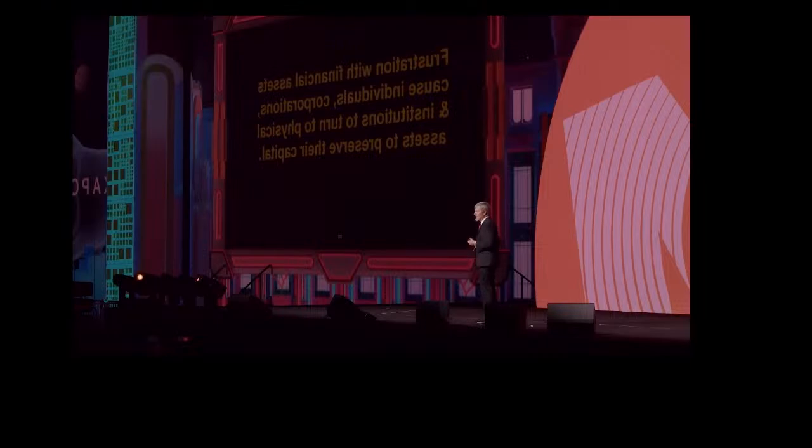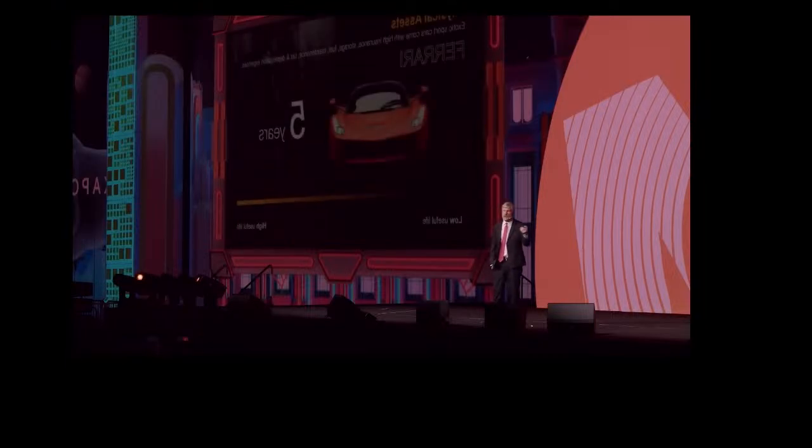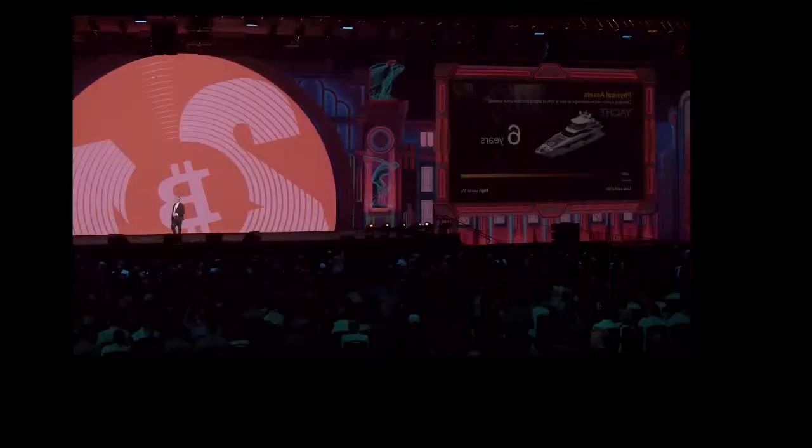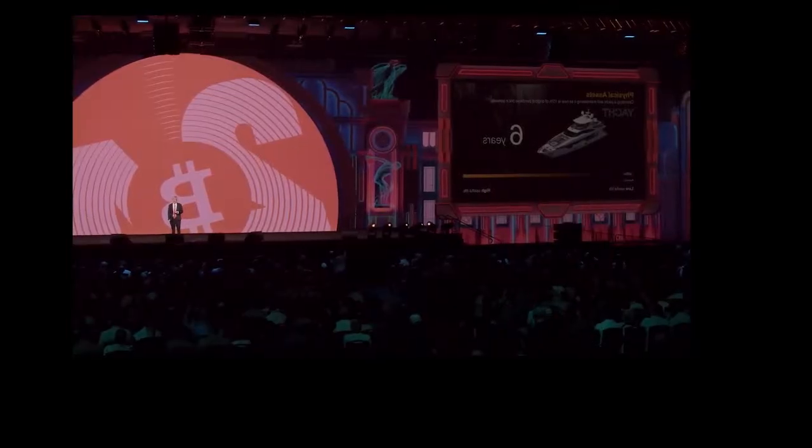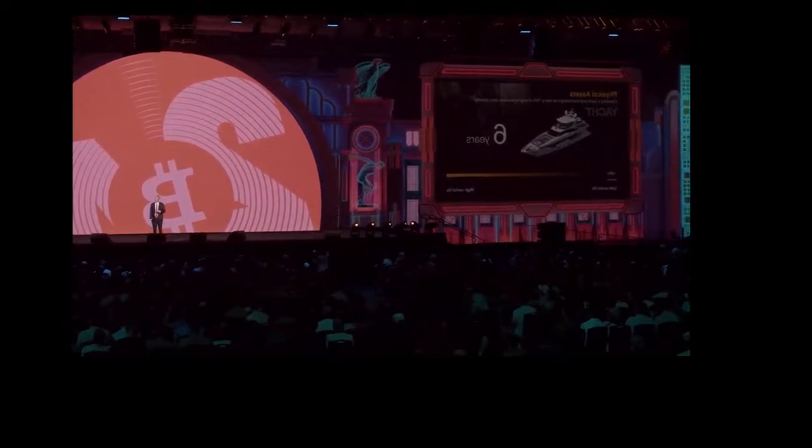So they give up on financial assets and they start turning to physical assets to preserve capital. Well, here's the physical asset, a Ferrari. Not a good way to keep your money forever, though, because after 5 years, you've spent as much on the insurance and the upkeep and the depreciation as it's worth. Yachts aren't much better. If you spend 10% of your money operating it, you also get hit with depreciation.